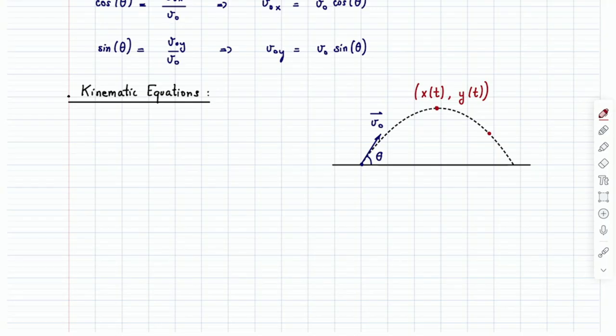And you can do this not just with position, in other words, not just with this x coordinate, which is x of t, and this y coordinate, which is y of t. You can also do it with velocity, because velocity is going to look something like this. Velocity is always tangent to the path, so it's going to look something like that.